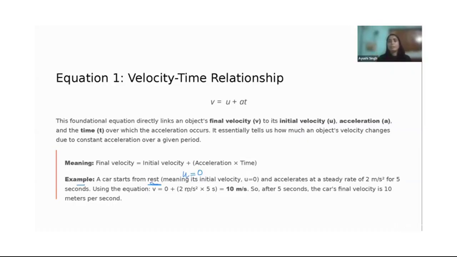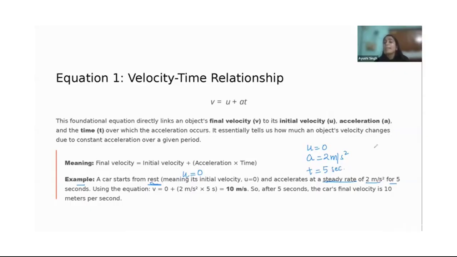So u = 0, and the car accelerates at a steady rate of 2 meter per second square for 5 seconds. So u = 0, acceleration is 2 meter per second square, and time is 5 seconds.